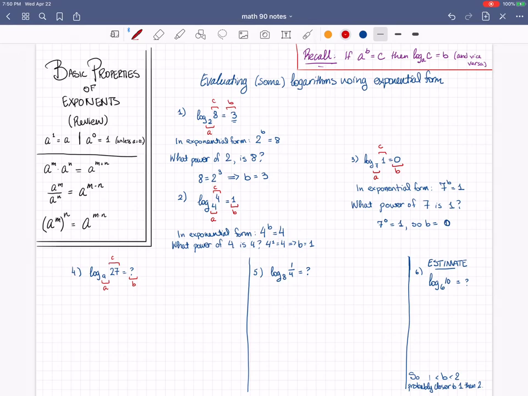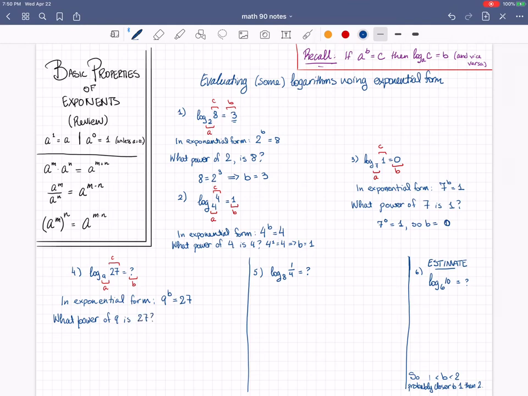So again, using exponential form. I'm going to write here, in exponential form, asking for the log base 9 of 27 is the same thing as asking what power of 9 is 27. So I'm going to write it. What power of 9 is 27?